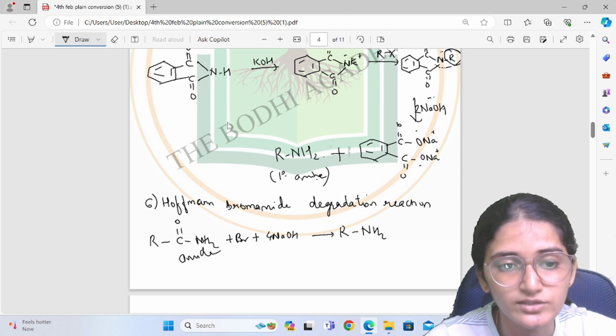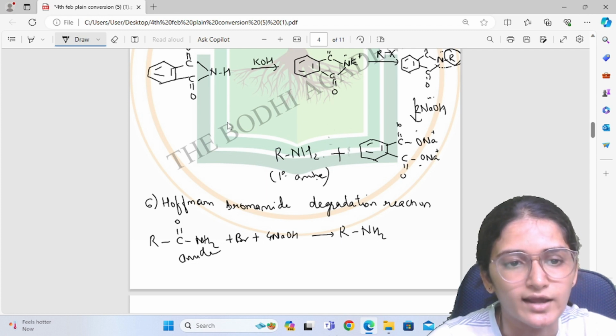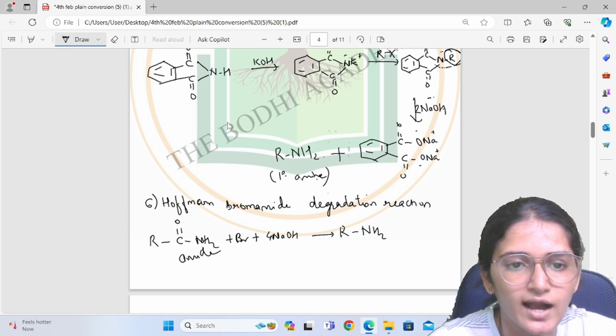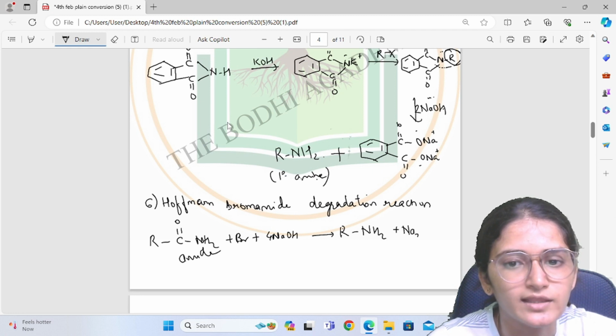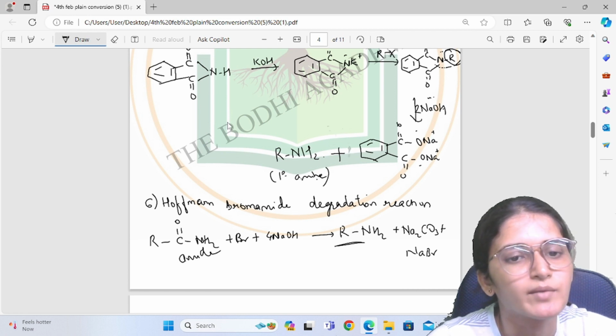On the reactant side we have taken this carbon and one R group, so in the product we get one less carbon. So here we will get RNH2 plus Na2CO3 plus NaBr. This is our main product.